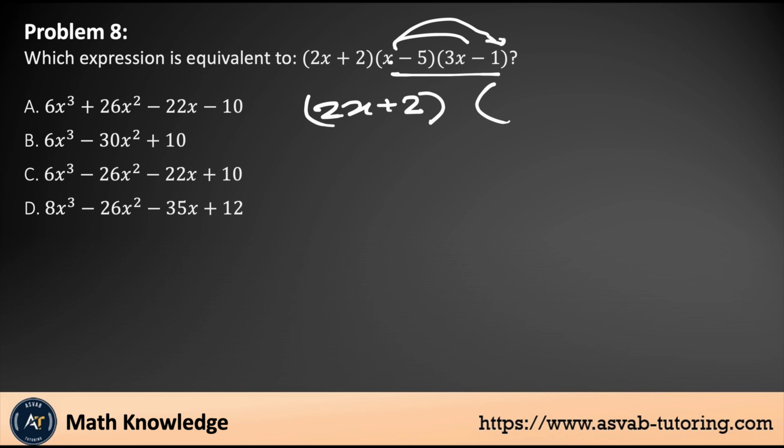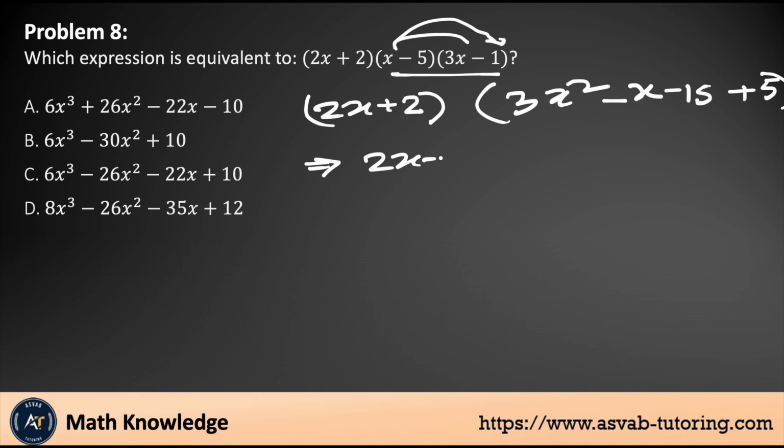So that gives you x times 3x equal to 3x squared, minus x times 1 is negative x, 5 times 3 is negative 15, and that gives you plus 5, right? So if you simplify that, that gives you 2x plus 2 times 3x squared minus 16x plus 5, right?